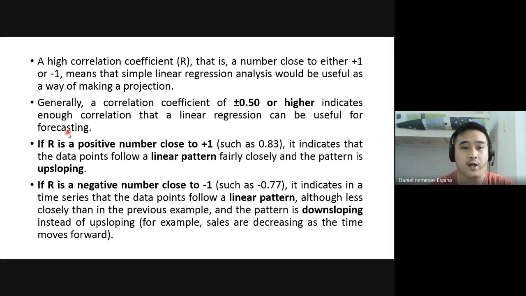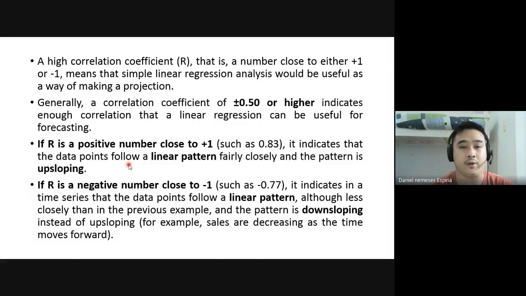So if R is a positive number close to 1, say 0.83, it indicates that the data points follow a linear pattern fairly closely and the pattern is upsloping. So it means that the historical data is kumbaga duol kaayo siya sa regression line. Okay?